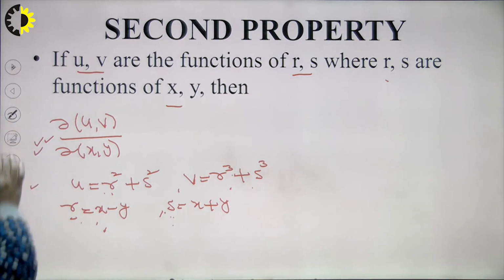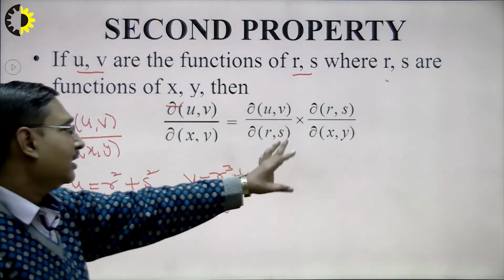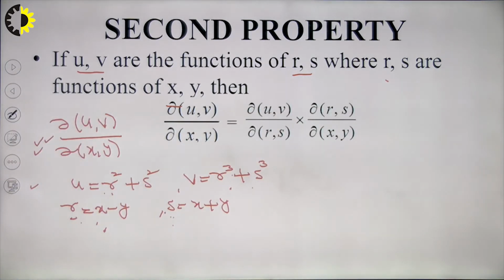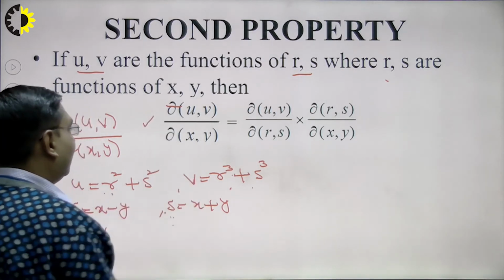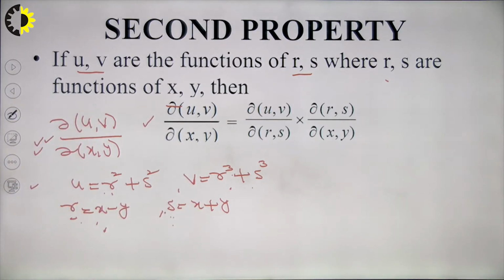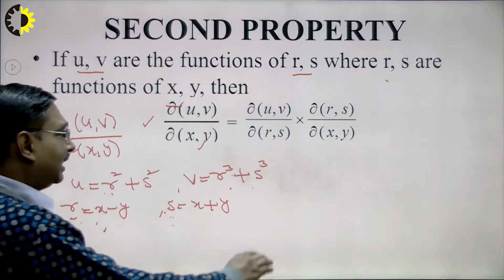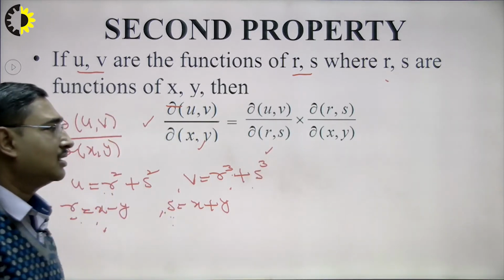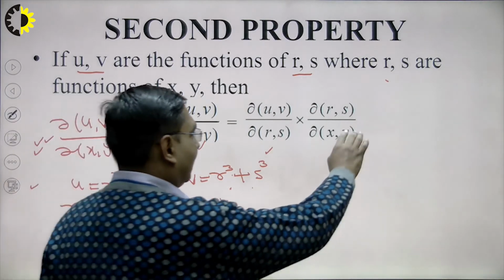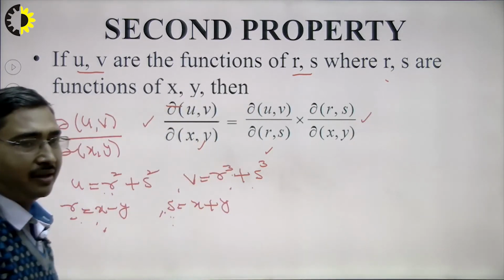How? By using directly this formula. This Jacobian del u v over del x y is nothing but del u v over del r s multiplied by del r s over del x y.